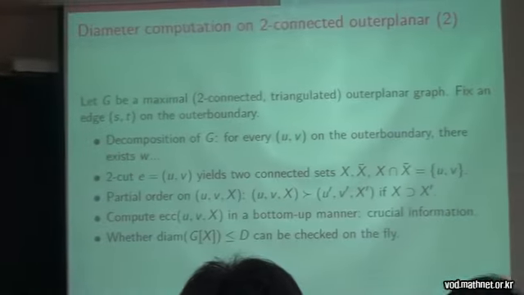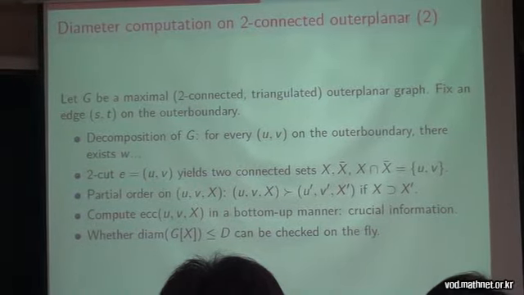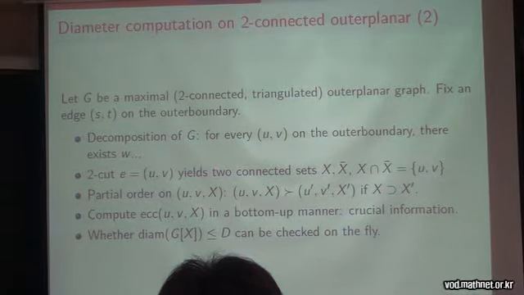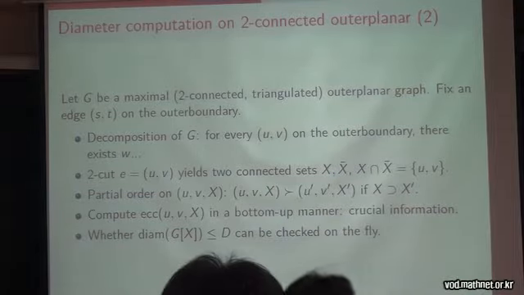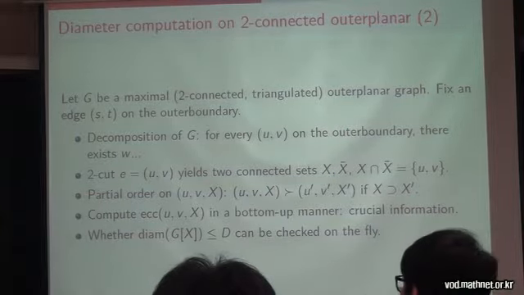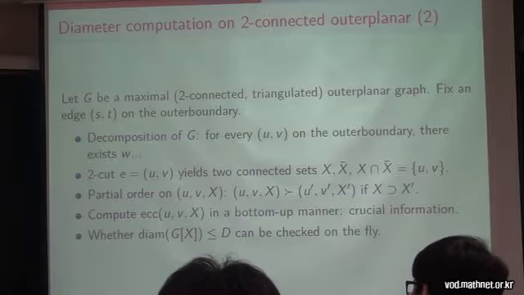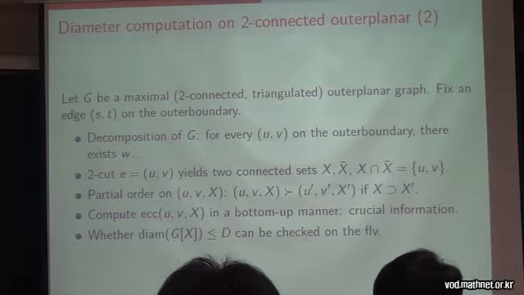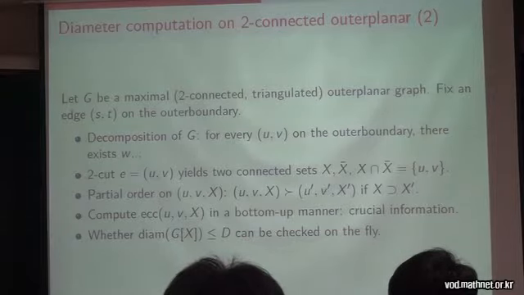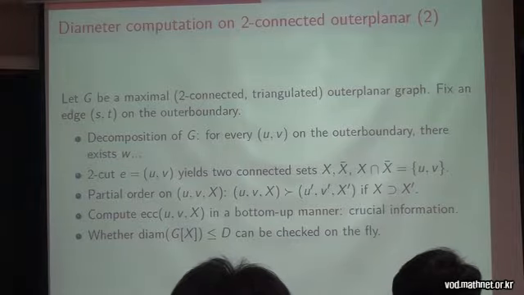Okay, this is the decomposition I just introduced. This decomposition gives you a partial order on the following tuples: u, v, and x, where the boundary set delta of x is exactly u and v.